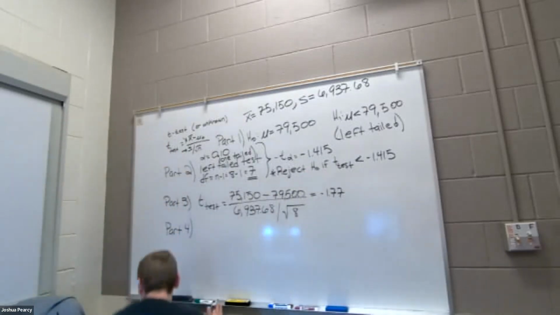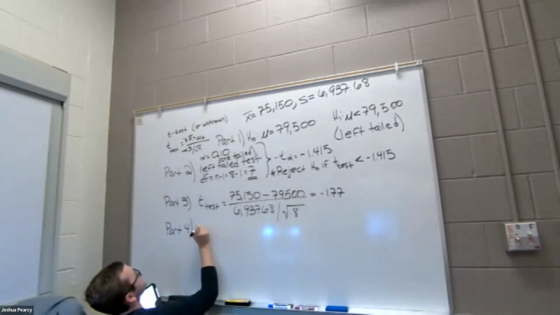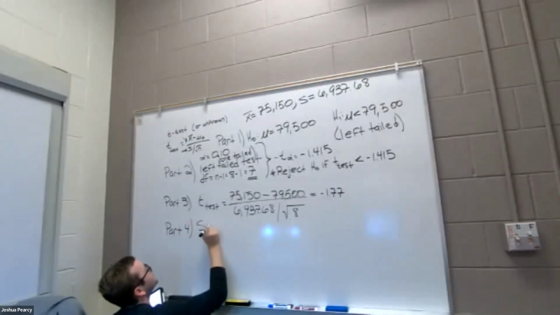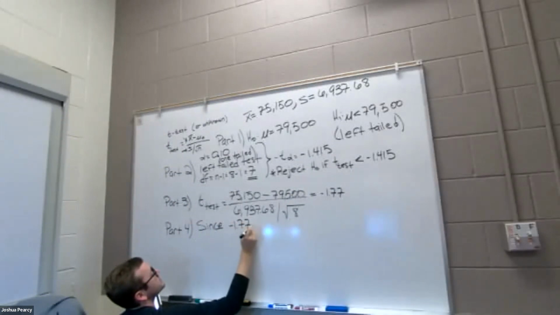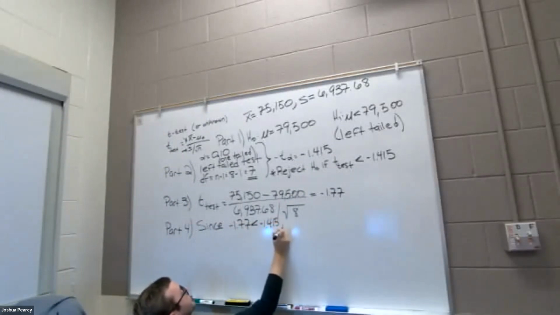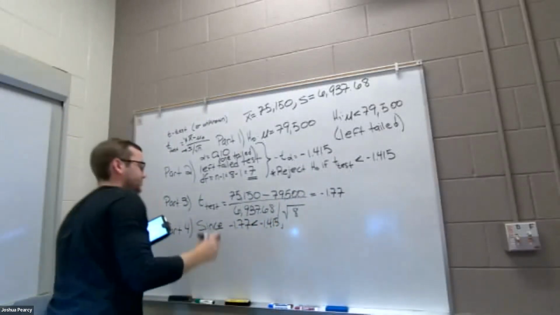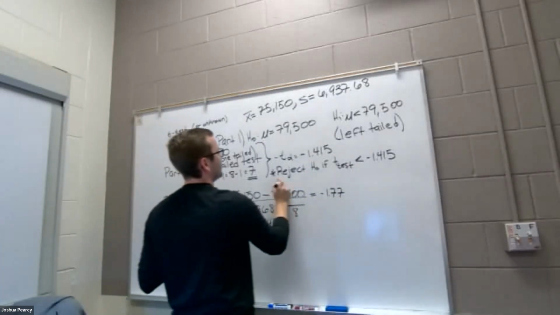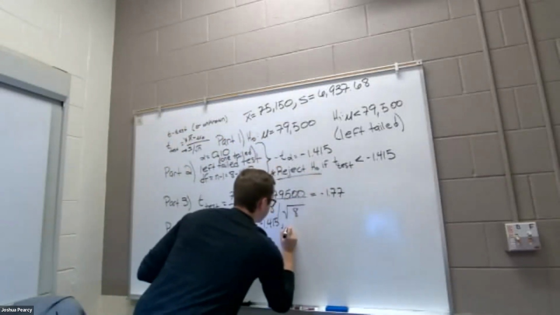Then, I'll say it this way, since negative 1.77 is less than negative 1.415, then what? Yeah, reject the null hypothesis.